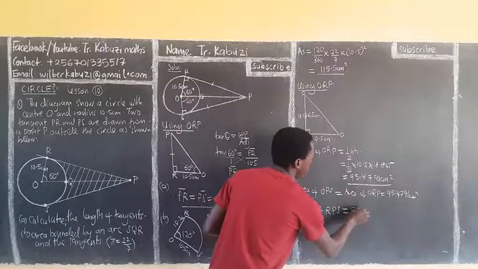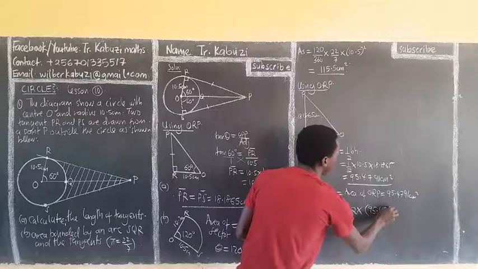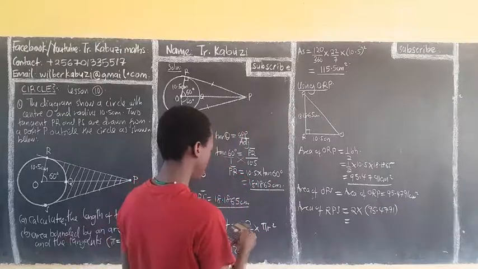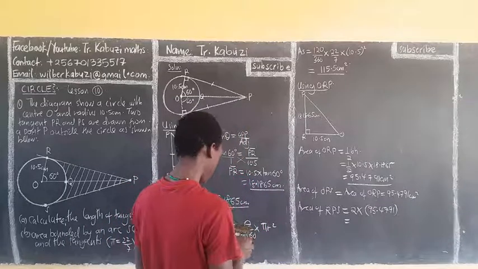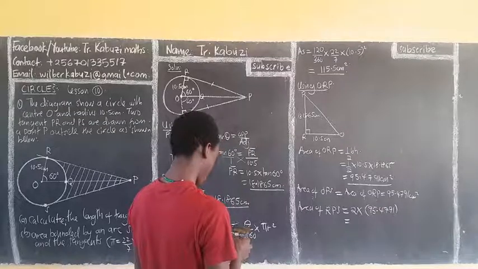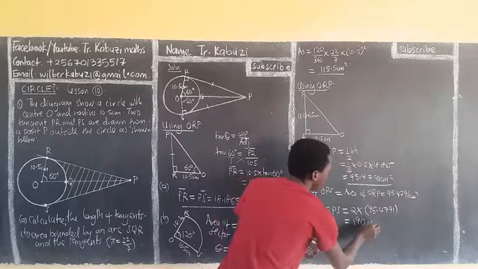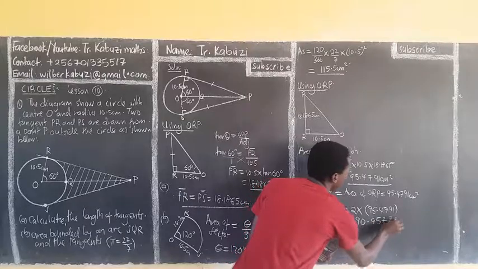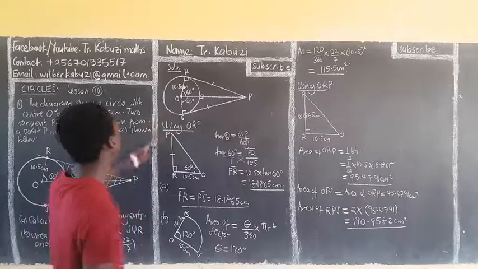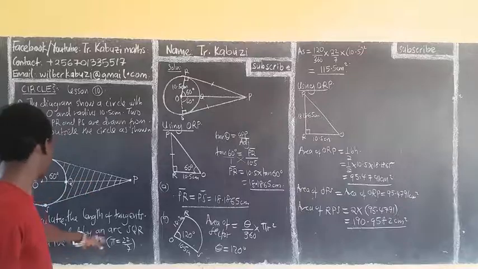So 2 times the area, because they are the same, 2 times 95.4791, which when we multiply, gives us 190.9582 centimeters squared.